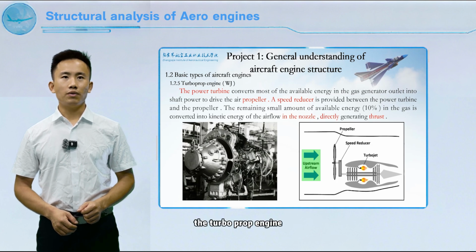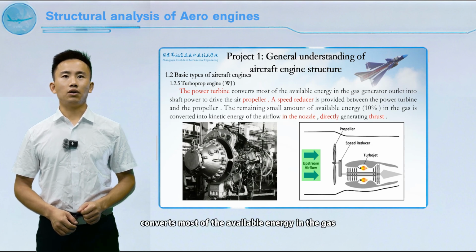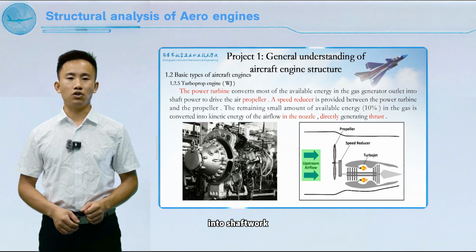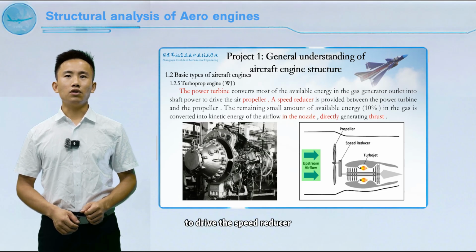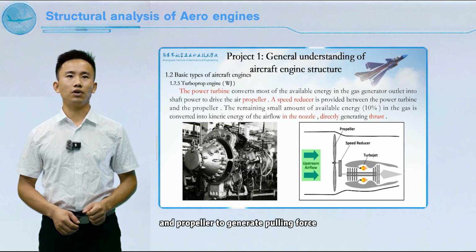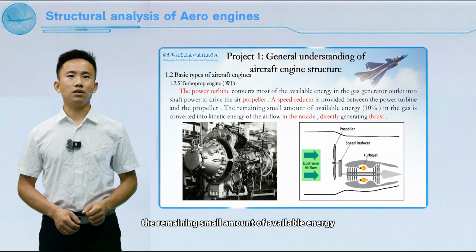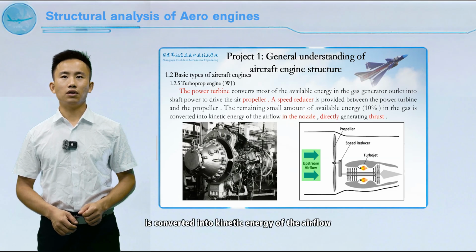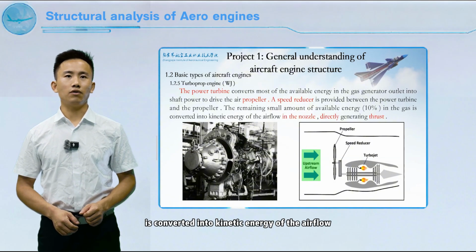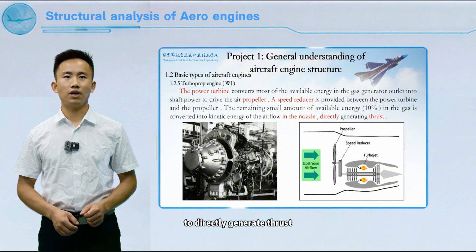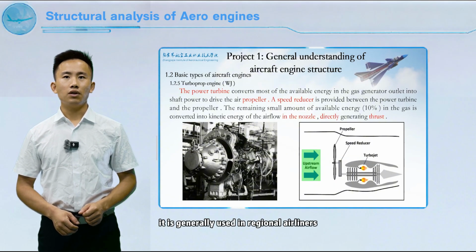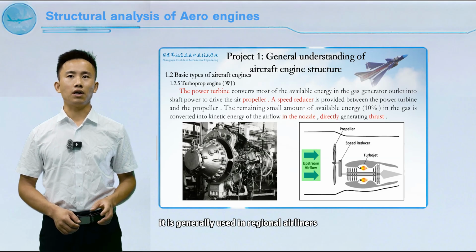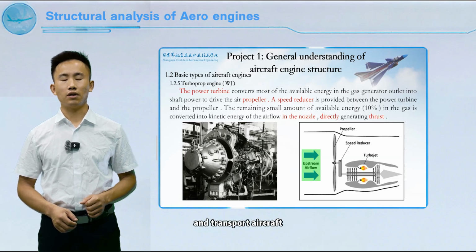The turboprop engine converts most of the available energy in the gas into shaft work to drive the speed reducer and propeller to generate pulling force. The remaining small amount of available energy in the gas is converted into kinetic energy of the airflow in the nozzle to directly generate thrust. It is generally used in regional airliners and transport aircraft.